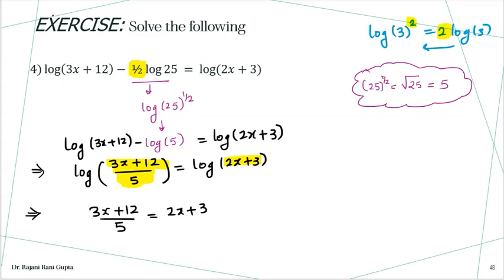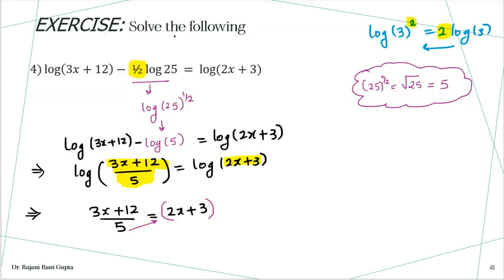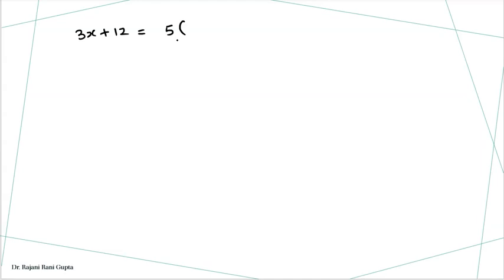Now what you have to do is you have to multiply this 5 on the other side. Be careful when you are multiplying, this 5 gets multiplied with both the terms 2x and 3. Okay, so it's better if you put the bracket. So continuing this solution, what we get? We write here 3x plus 12 equal 5 times 2x plus 3.